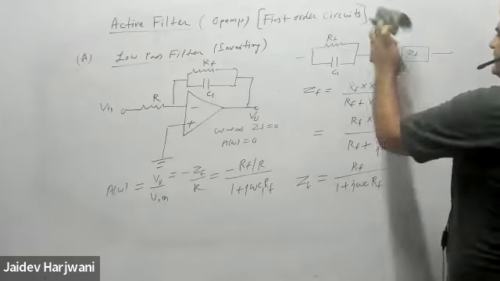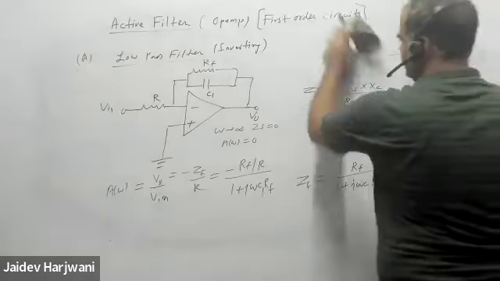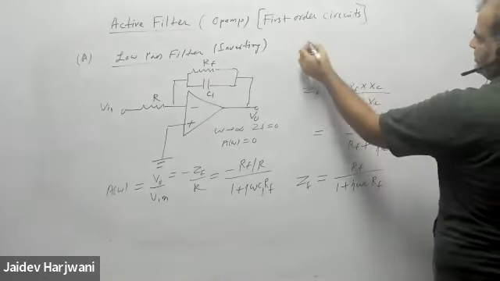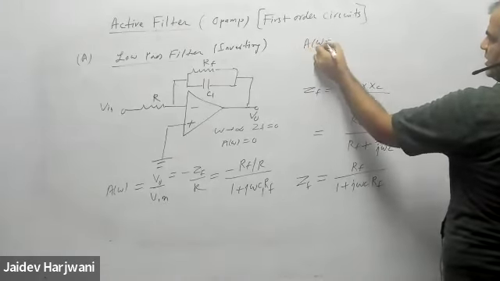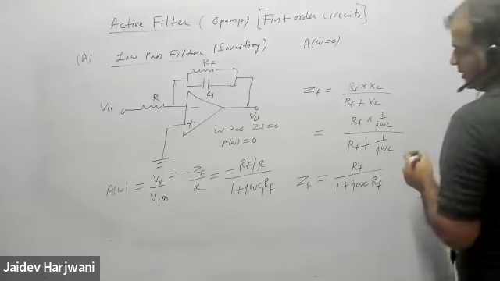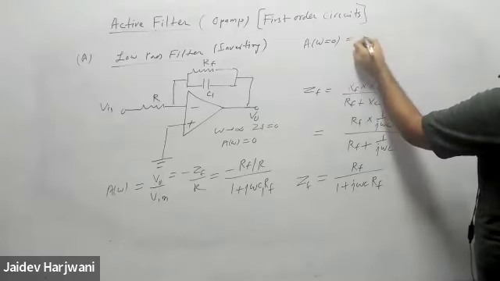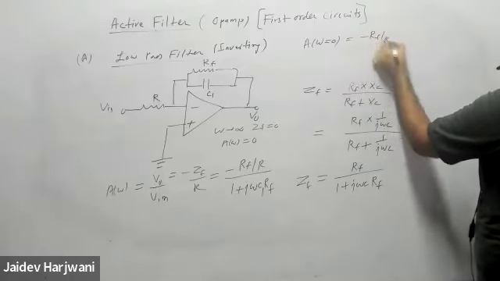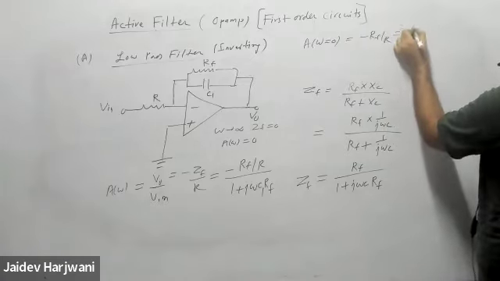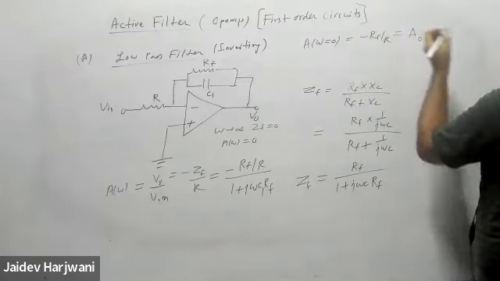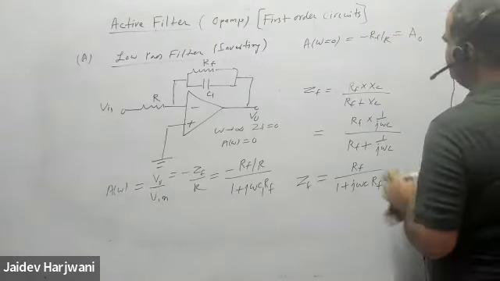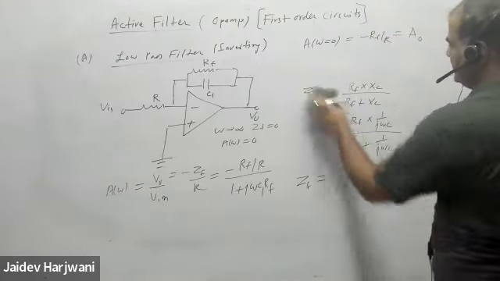So I'm erasing this one. At 0 frequency, my gain is minus R by R. I'm writing it as AF or A0 or ADC, you can write ADC also, for 0 frequency.